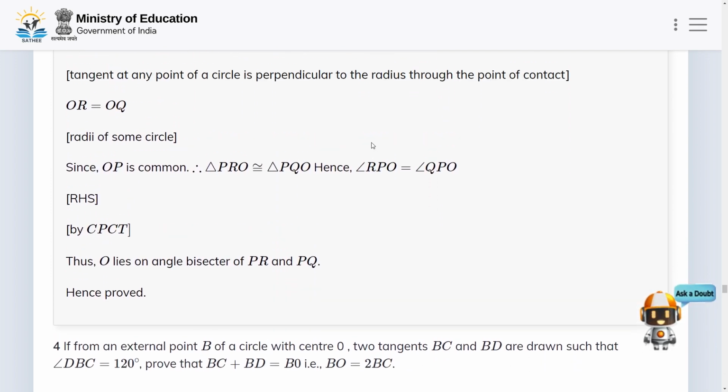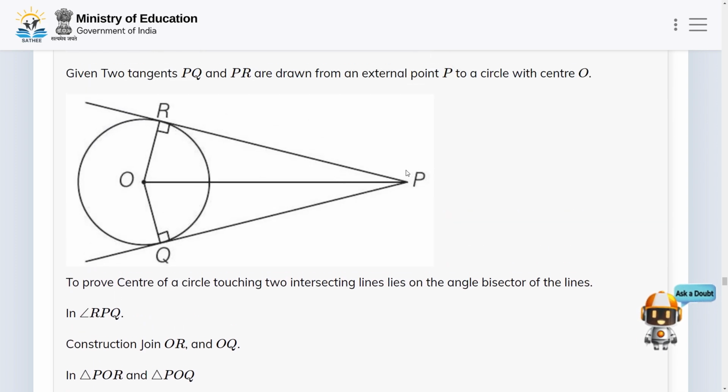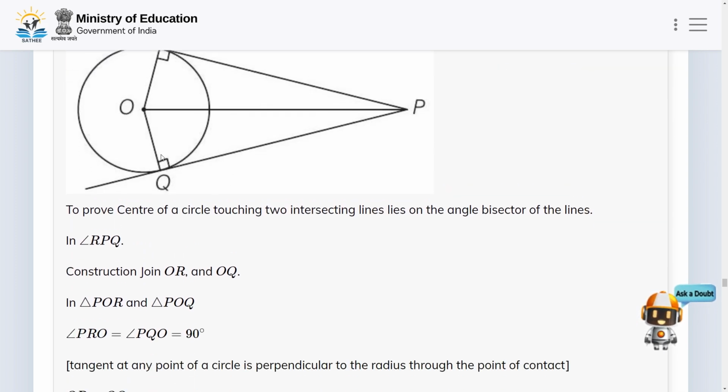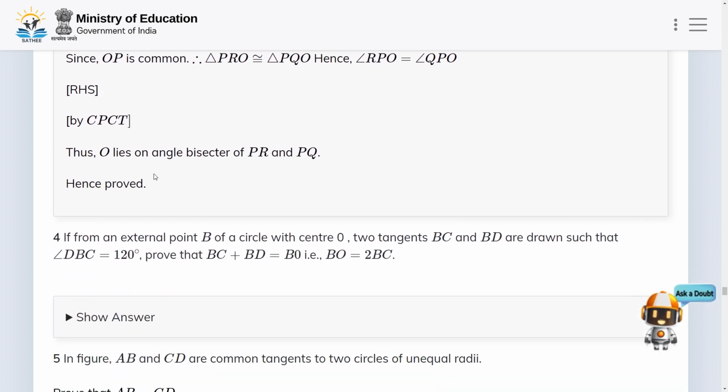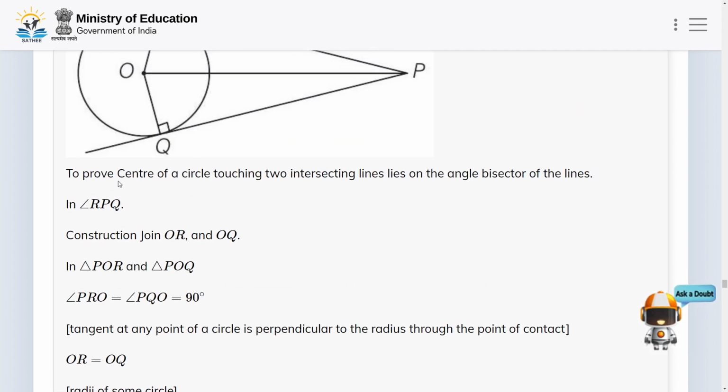Hence angle RPO is equal to angle QPO by CPCT. So O lies on the angle bisector of PR and PQ. Hence proved: the center of a circle touching two intersecting lines lies on the angle bisector of the lines.